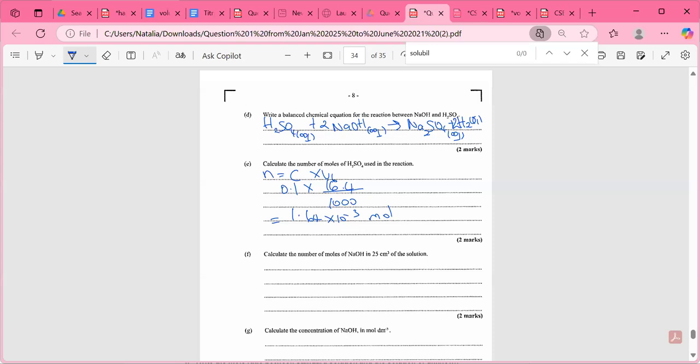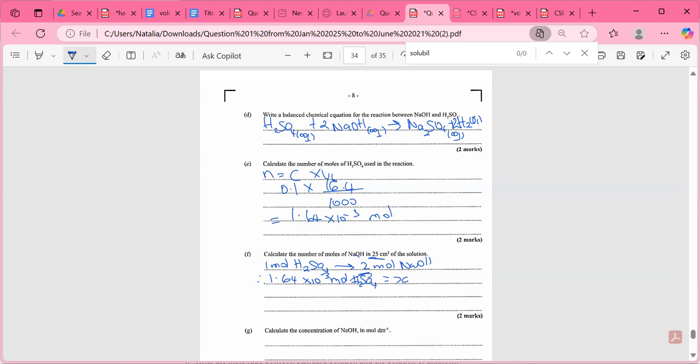Calculate the number of moles of NaOH in 25. Do we use the volume of sodium hydroxide here? No, we don't use the volume. What do we use? The mole ratio. 1 mole of H2SO4 reacts with 2 moles of NaOH. Therefore 1.64 times 10 to the negative 3 mole of H2SO4 reacts with X mole.